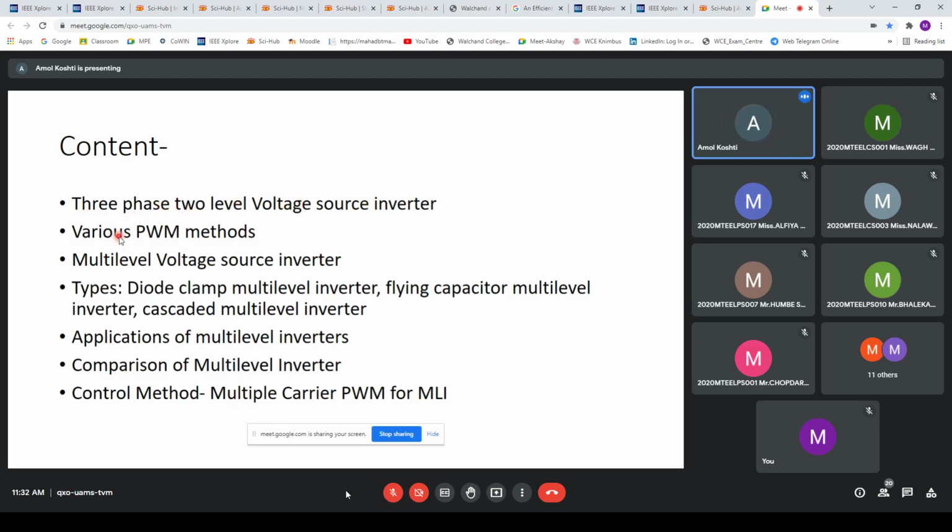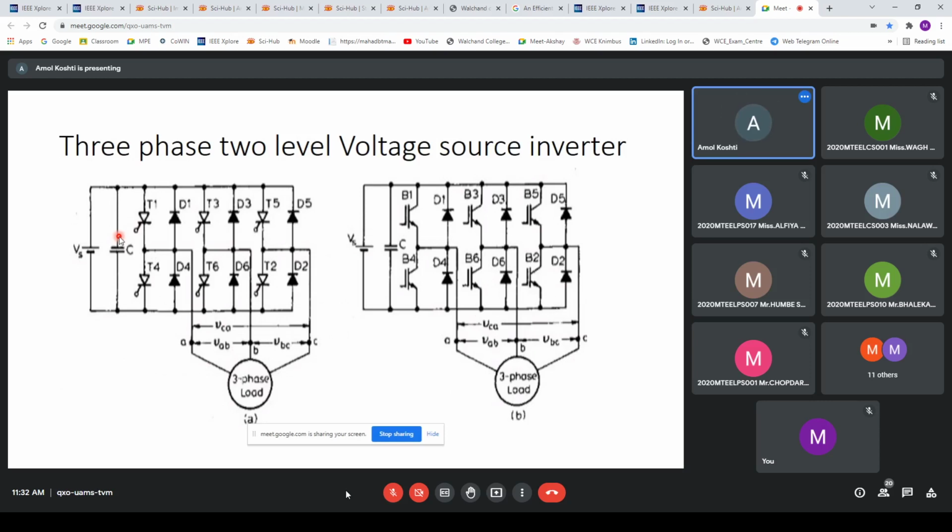Okay, so the two-level inverter. In the two-level inverter, this is the circuit diagram. You might be familiar with this. I have not included the three single-phase inverters here; I have directly taken a three-phase one. In power electronics in third year you have already studied this.